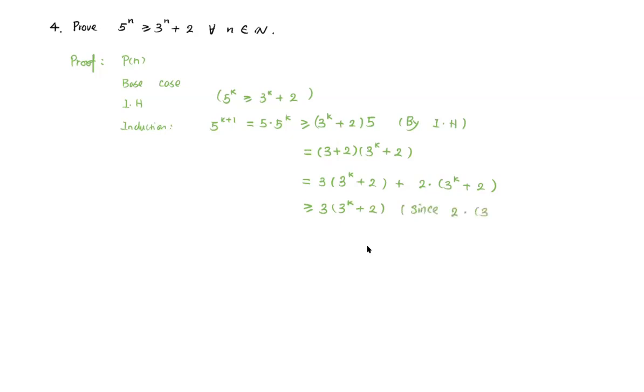Since this is greater than 0, I feel like this step people might not understand. Any question from here to here? So I'm just saying that this is positive. Since this is positive, since this is non-negative, if you remove this, the term is gonna be smaller.